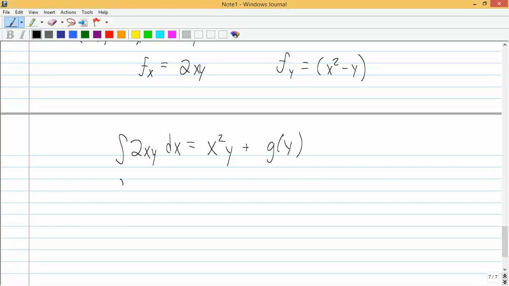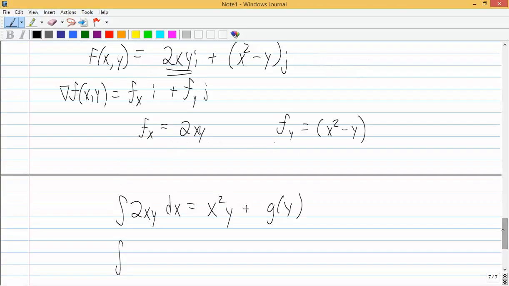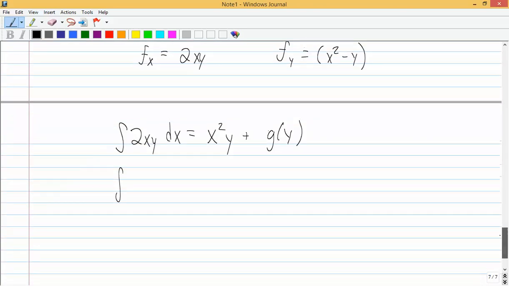Then they integrate the n, whatever's in front of your j, with respect to y. So x squared minus y, they integrate that with respect to y. This isn't how we did it in DE, but it's okay. There's more than one way to do things. But if we integrate that with respect to y, then we're going to have what? Some function of what? x. Right? Just like you pick up a function of y when you integrate x, you pick up a function of x if you integrate y.